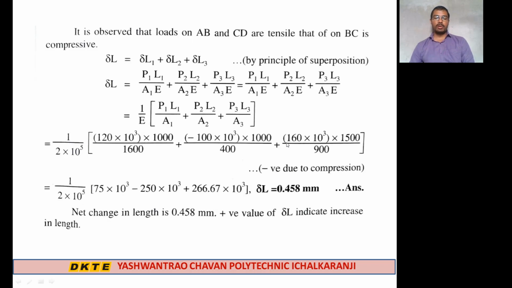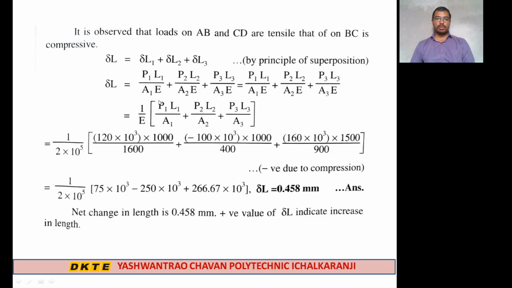And now again we have to do the summation of all the changes in length. Delta L is equal to delta L1 plus delta L2 plus delta L3. Here only E is common because the material is constant; the area is changing, so A will not be common. 1 upon E is equal to P1 L1 upon A1 plus P2 L2 upon A2 plus P3 L3 upon A3.